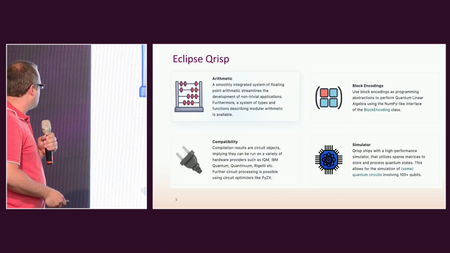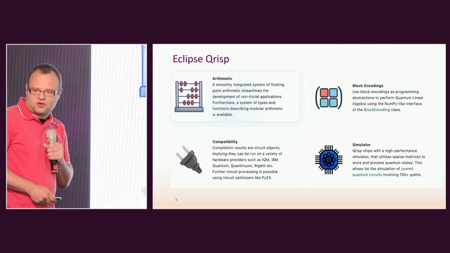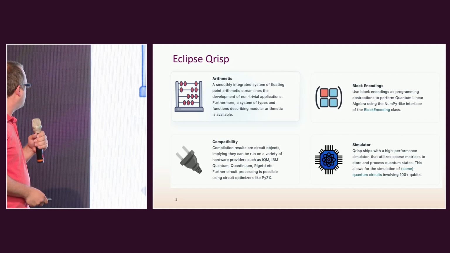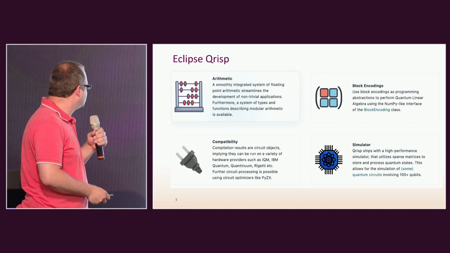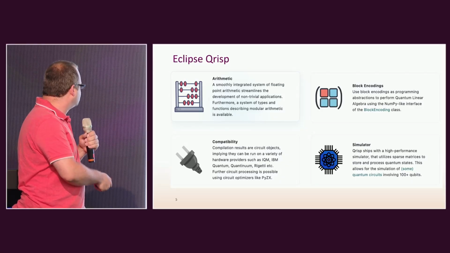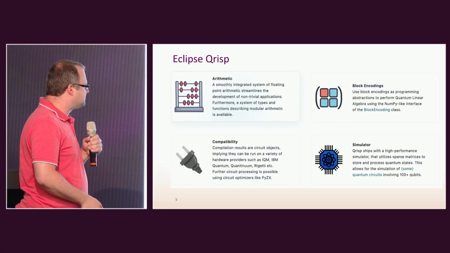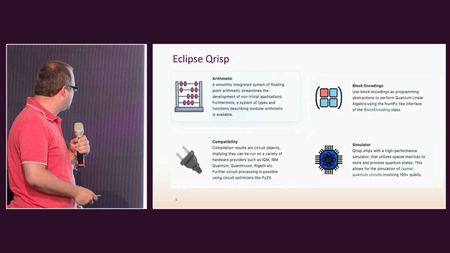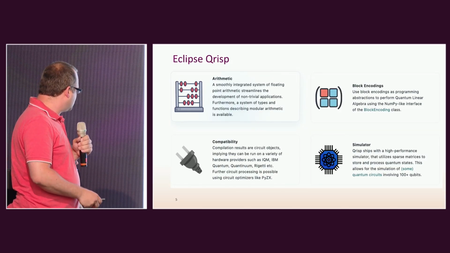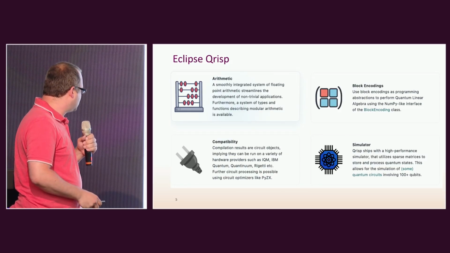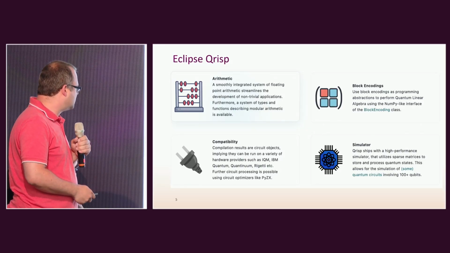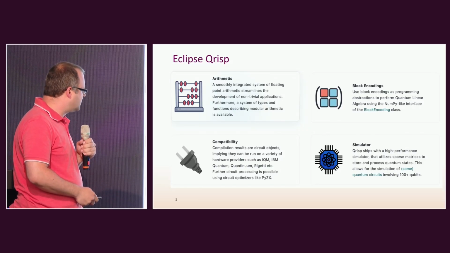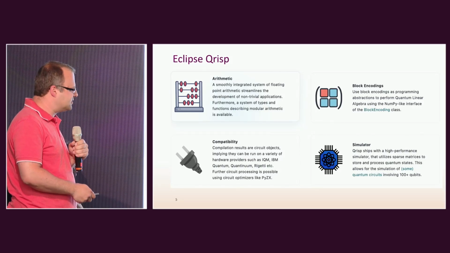And compared to other programming packages, Qrisp offers several interesting features. One is you can use arithmetics and variables. For linear algebra problems, you can do block encoding to test your algorithms on different backends. We have an interface, and you can also, for larger problems, use a simulator to test the performance of the algorithms.